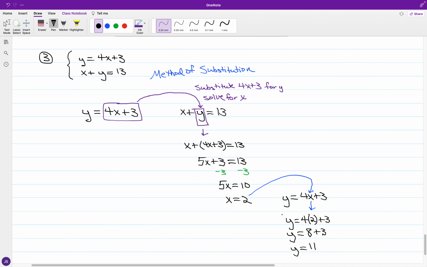And just going back and checking. If y is 11 and x is 2, 11 is equal to 4 times 2 is 8 plus 3. 11 is equal to 11. And also with x at 2 and y at 11, 2 plus 11 is 13, is equal to 13.